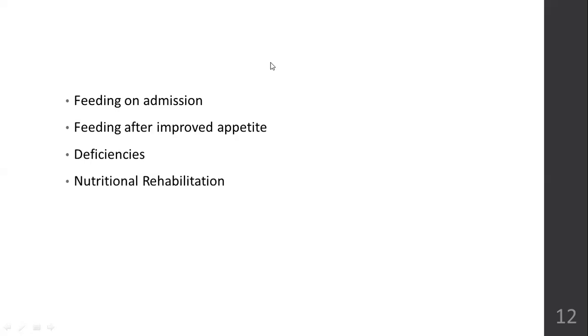Then nutritional rehabilitation: making sure that once the child is admitted and discharged and goes back to the home environment, it is not the same story all over again. The parents or caretakers make conscious efforts and decisions to improve the health of the child even further. That comes under nutritional rehabilitation.